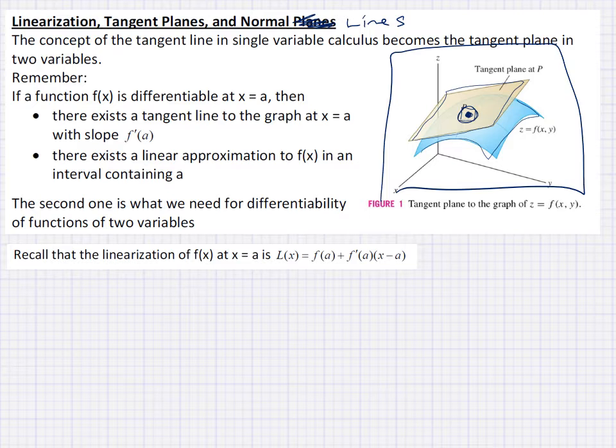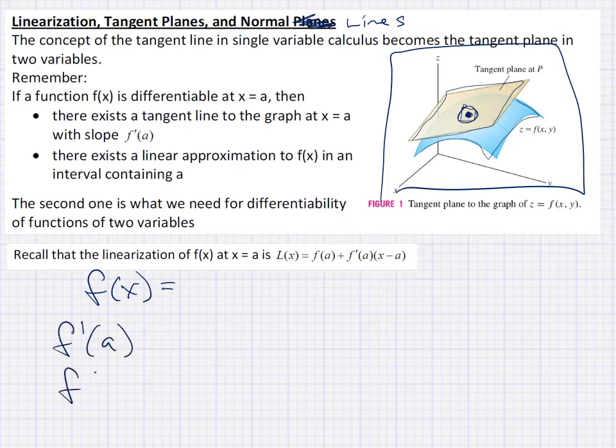All right. So the linearization is basically the equation of the tangent line. So it goes like this. Let's say the equation of the tangent line. We have this function f of x, the function that we're trying to linearize. We could find the derivative of that function at a.